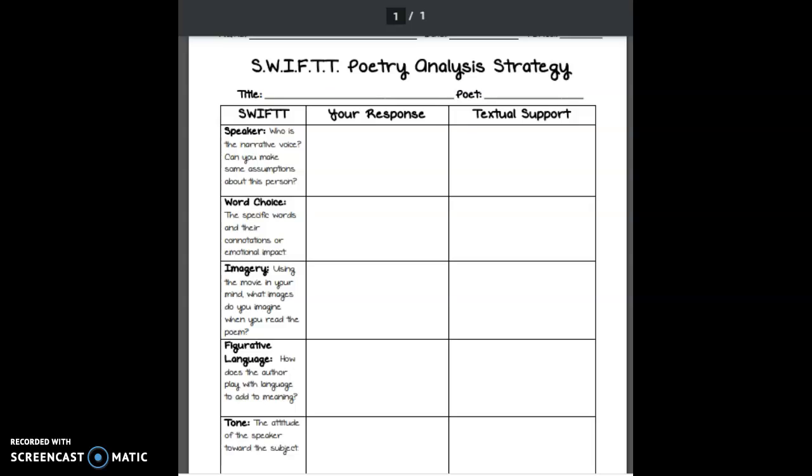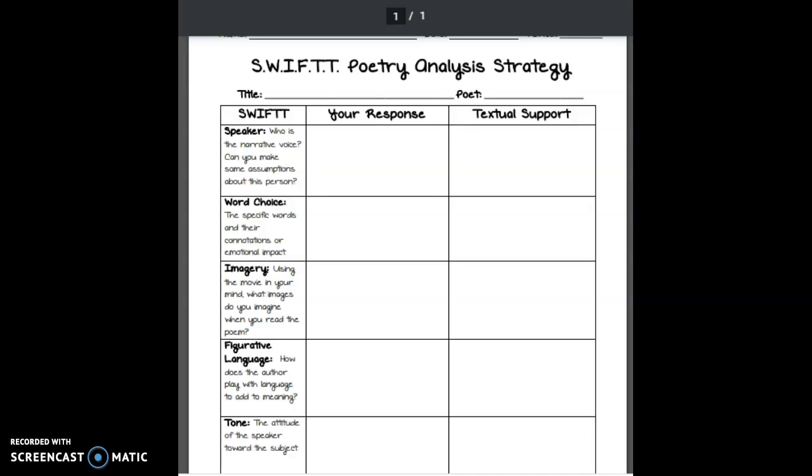The F is for figurative language. We talked about this tons of times, right? Oh, it's raining cats and dogs. Are there really cats and dogs falling out of the sky and cascading down and hitting us on our heads, on the top of our umbrellas? Absolutely not. It just simply means it's raining really, really hard, right?